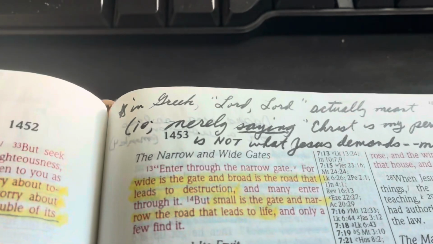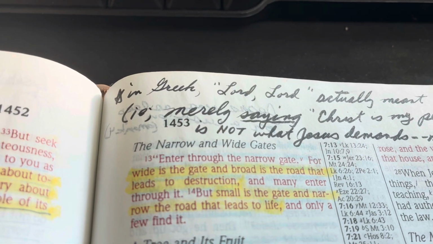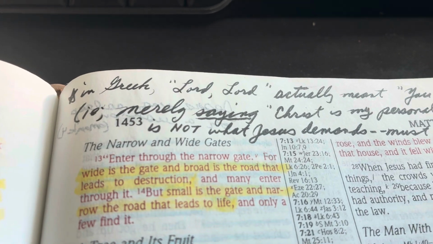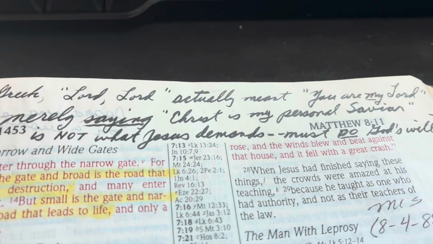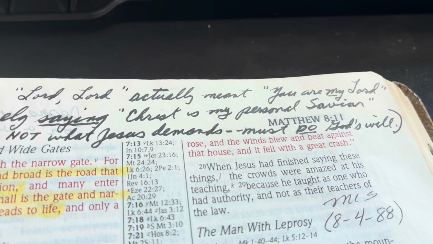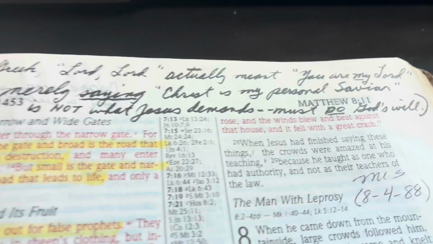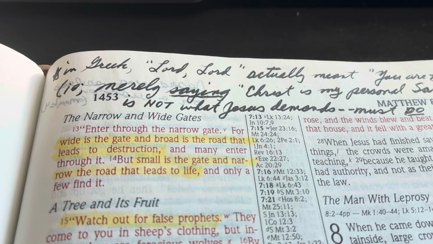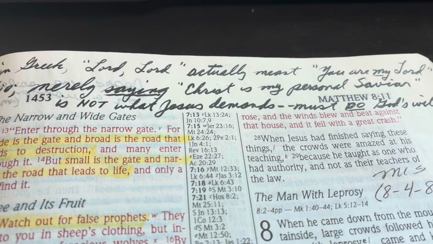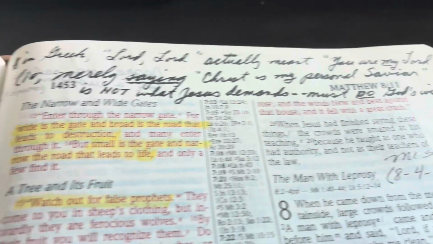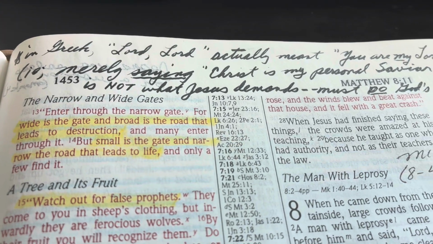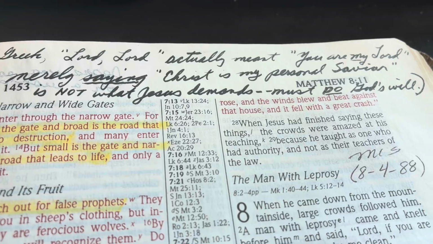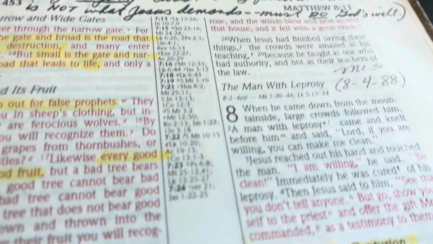Here's a note. Let me see if I can read it. In Greek, Lord, Lord actually meant you are my Lord. Merely saying Christ is my personal Savior is not what Jesus demands. Must do God's will.